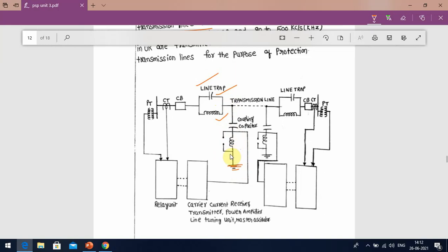Normally in this transmission line the over voltages are caused mainly by lightning, switching surges and faults. The over voltages on power lines or transmission lines are mainly caused due to lightning, switching and faults.